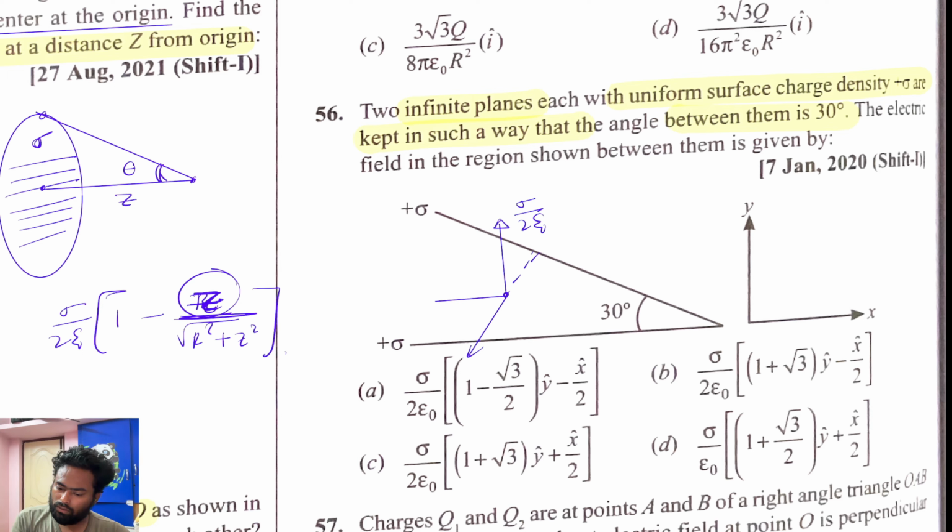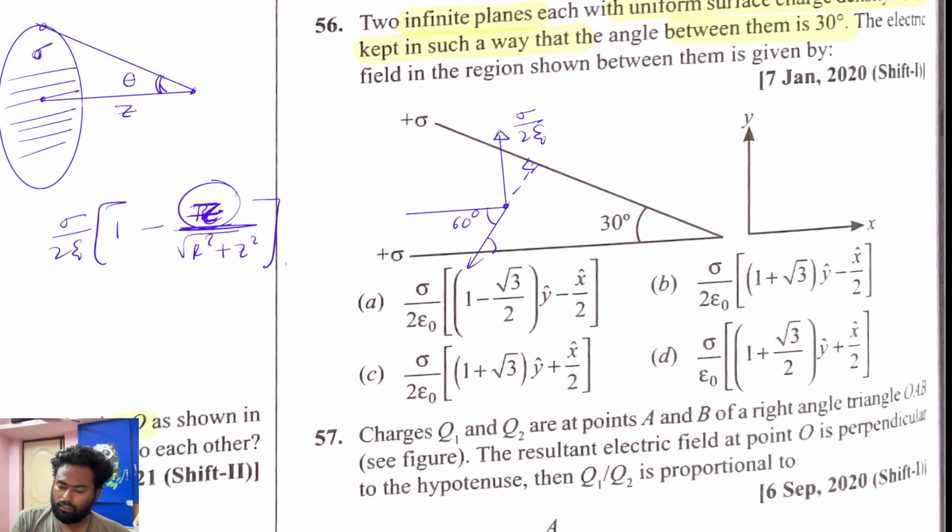If you draw this one, this is 90 degree. So this angle will be how much? 60 degree. So this angle also 60 degree.